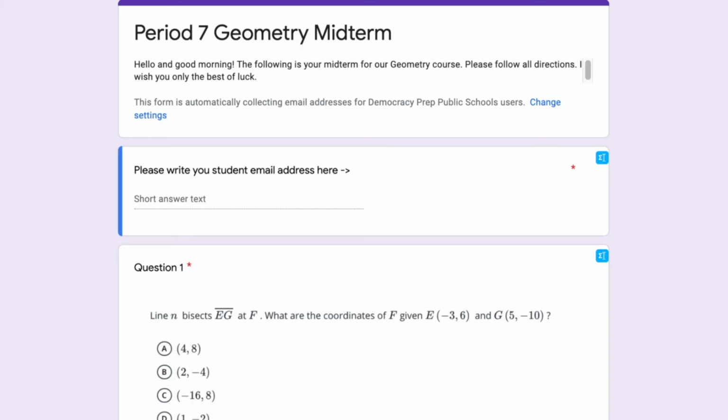A couple tips and tricks for you in terms of taking exams like this one that we have in front of us. This exam isn't necessarily as hard as a Regents, but it is set up in a similar format. We have a set of multiple choice questions in the beginning and a set of written response questions at the end.